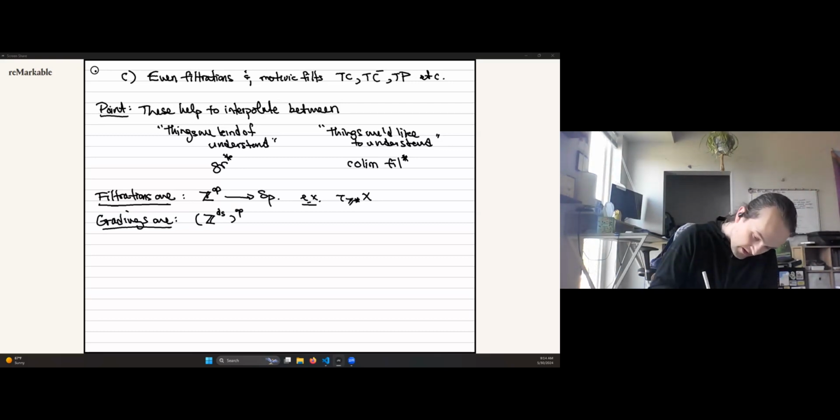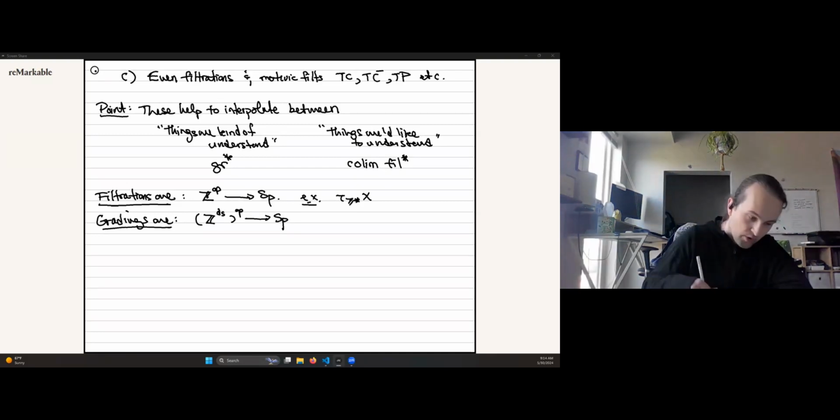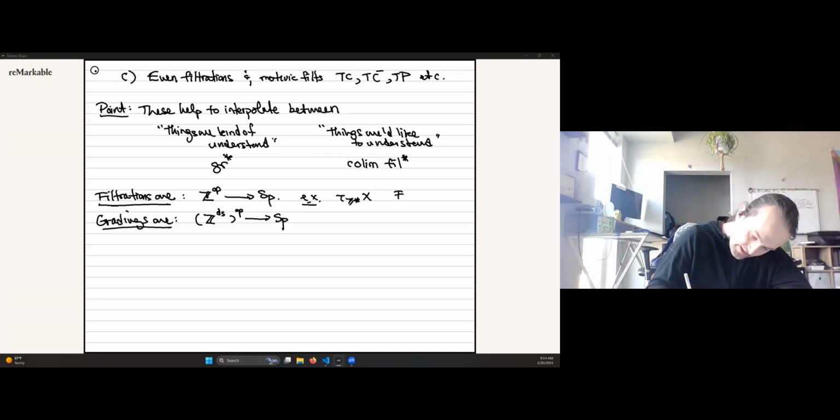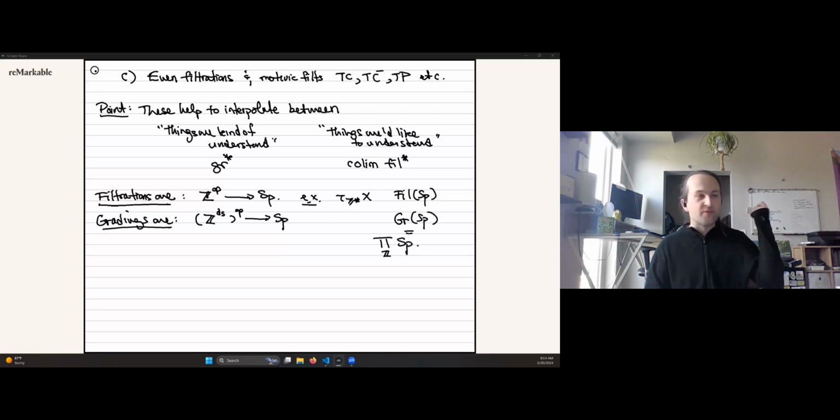And the categories of these things we're going to denote by Fil(Sp) and Gr(Sp). I should just mention that this graded spectra category is really the same as a product over the integers of spectra. So it's literally one spectrum for each integer, which makes perfect sense if you think about gradings.